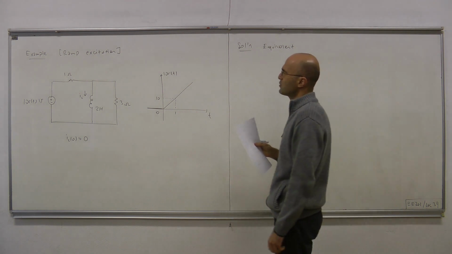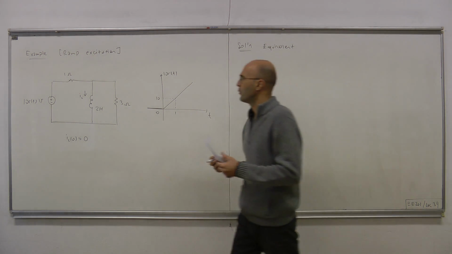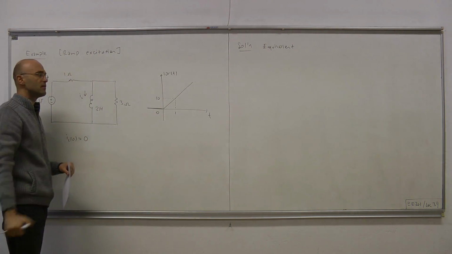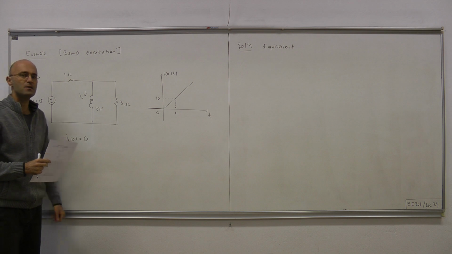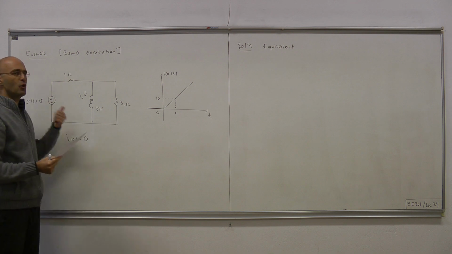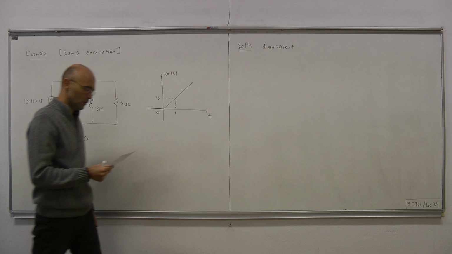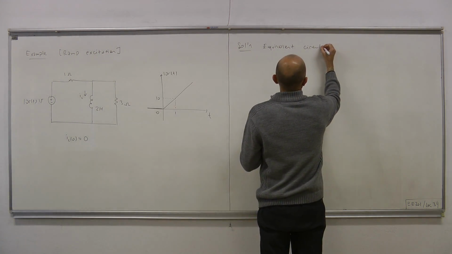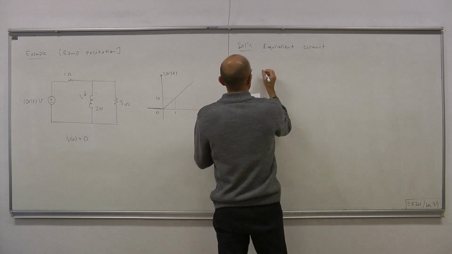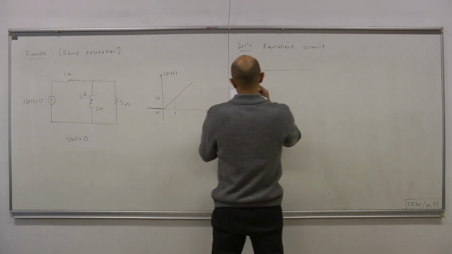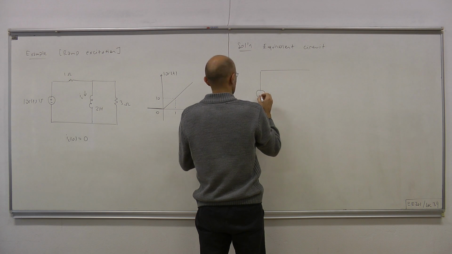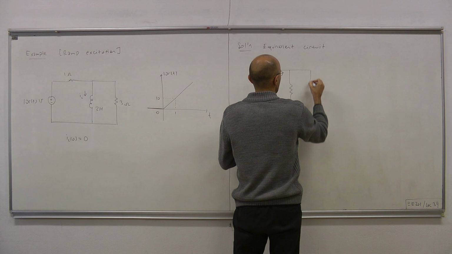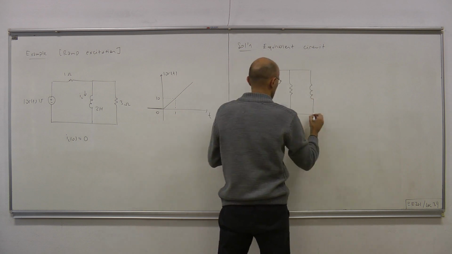By simplifying the circuit, usually what we mean is we replace the one port seen by our dynamic component, be it a capacitor or an inductor, as in this case, with either its Norton equivalent circuit or Thevenin equivalent circuit. Therefore, for this case, let's work using the Norton equivalent circuit.